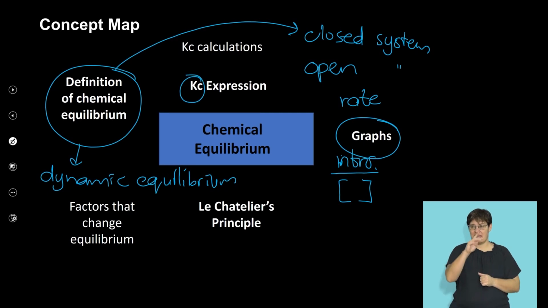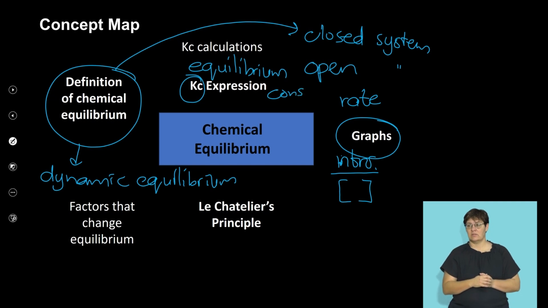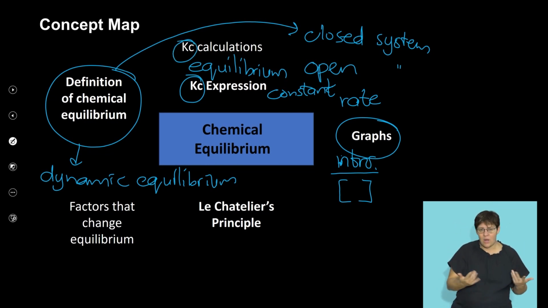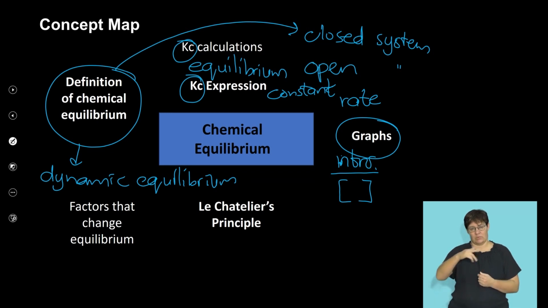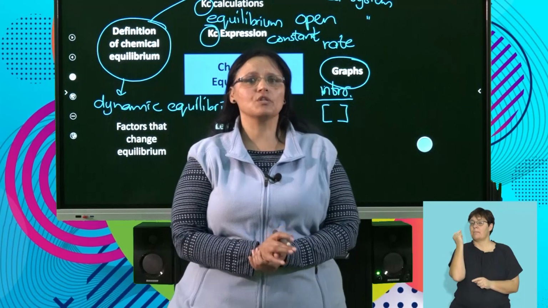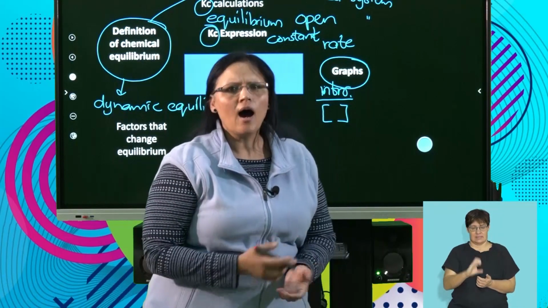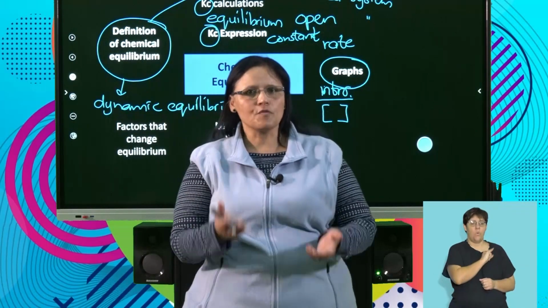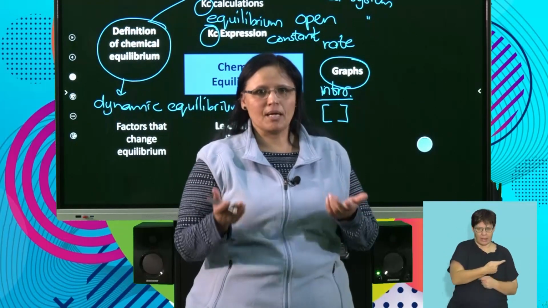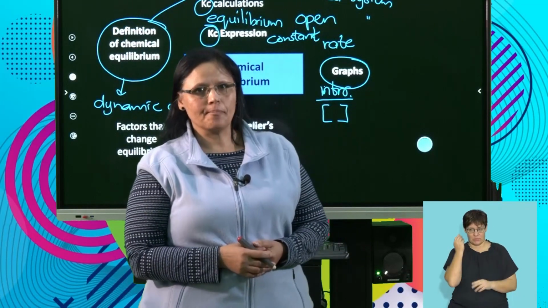We call this constant Kc, but it is actually called an equilibrium constant. In this session, we will look at the equilibrium constant and what it is, and in a later session, we will look at the calculations, how we calculate this equilibrium constant. In short, we call it Kc.